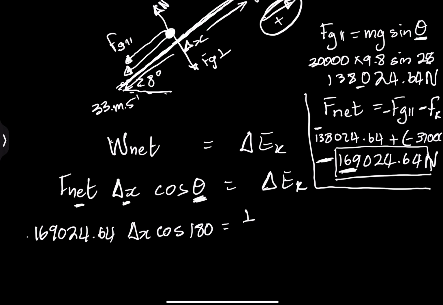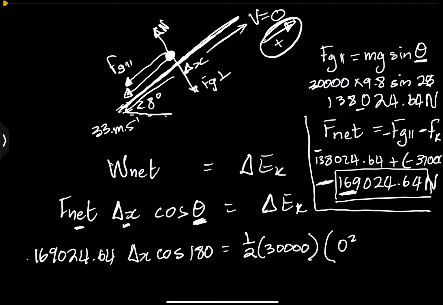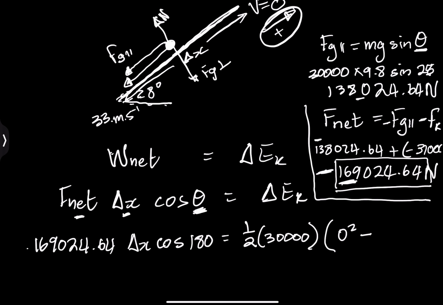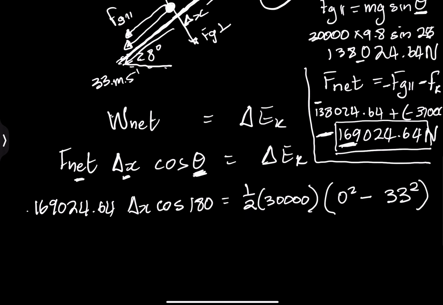So that's going to be half the mass of the truck, remember, that's 30,000, multiplied by VF squared, which is 0 squared. We said our final velocity there is 0. Minus VI squared. Remember, our initial velocity was 33, squared in this case.